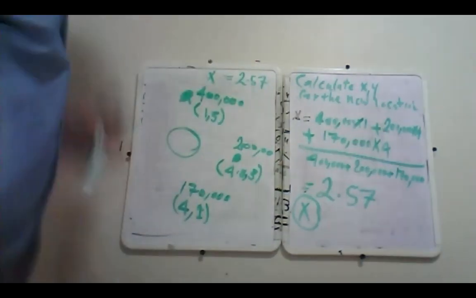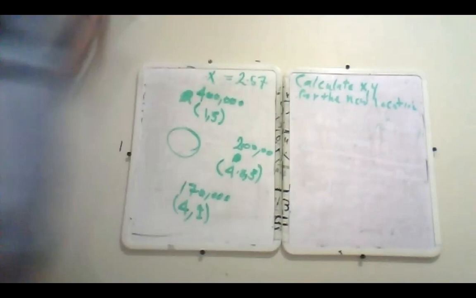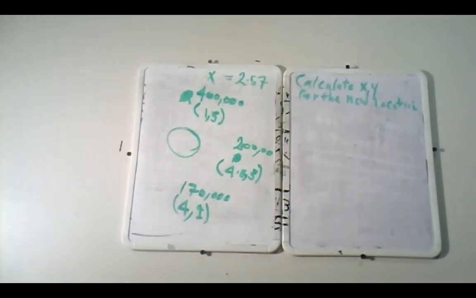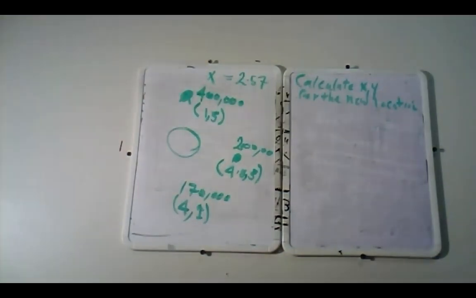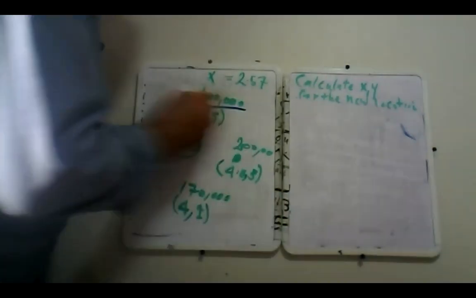Like we calculated x, we are going to calculate y. The same routine as we did just now. We'll take the same numbers, but this time multiply by y.